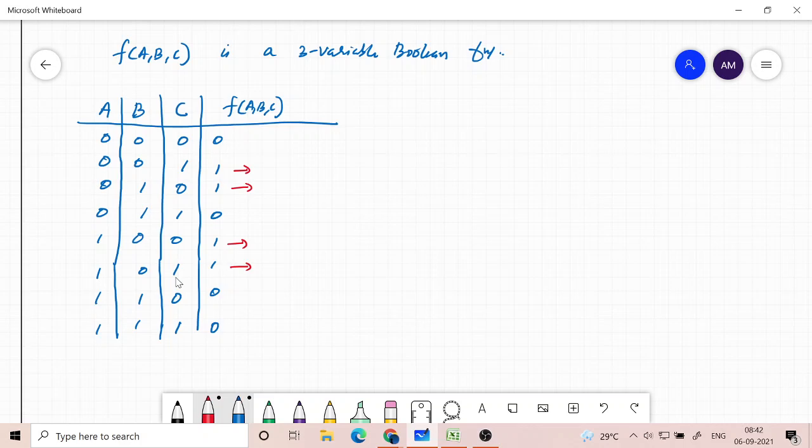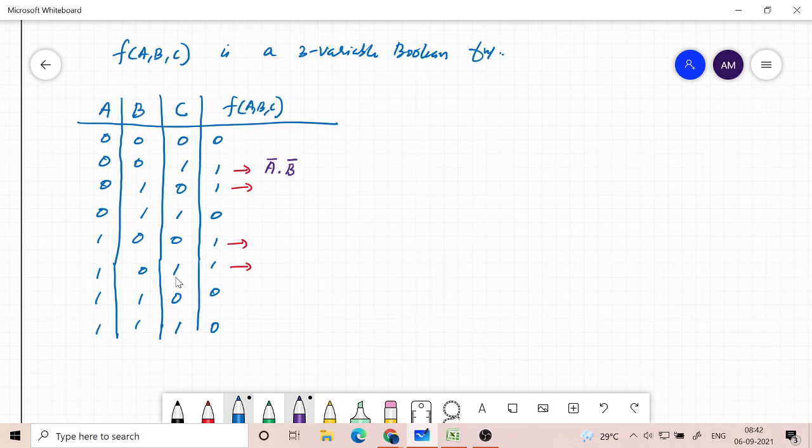So we are going to use that basic difference in order to write down the individual cases of 1. The first case is 0 0 1. A has to be 0, which means A bar has to be 1, and B bar has to be 1, so I am doing an AND operation.